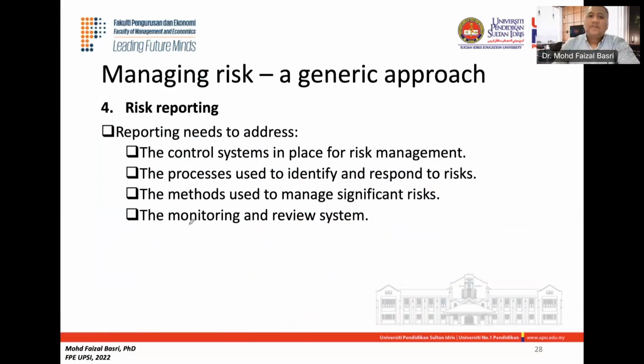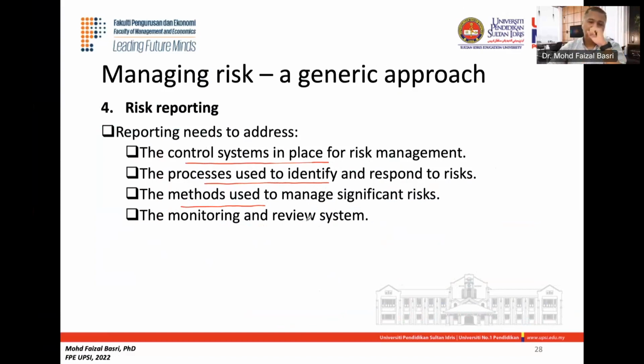So the reporting needs to address the control systems that will be in place for the risk management, and it will need to be highlighted in the reports. All the processes used to identify must be highlighted in the reports in order to respond to the risk. What will be the methods used to manage the risk?